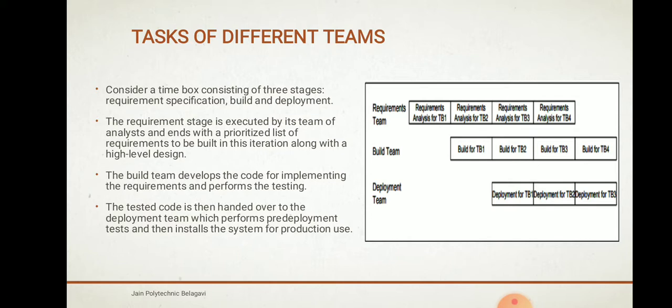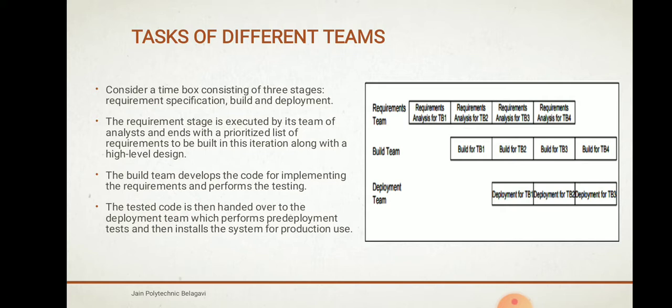Again it will do the analysis for TB2, as we have shown in the slide, then requirement analysis for TB3 and for TB4. So if there are 4 time boxes, it will go on giving the requirements and end with the prioritized list of requirements.